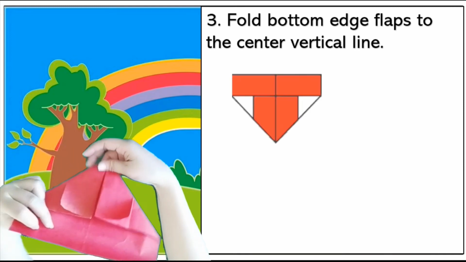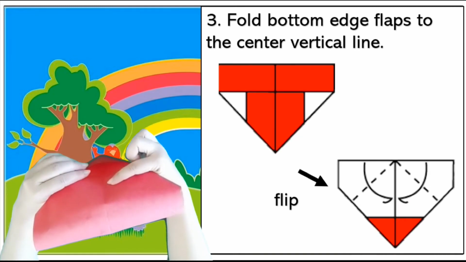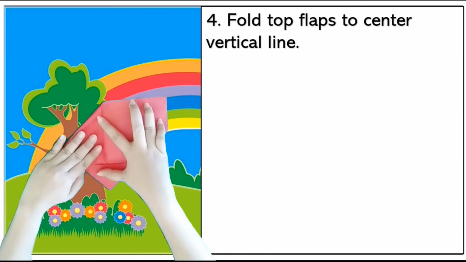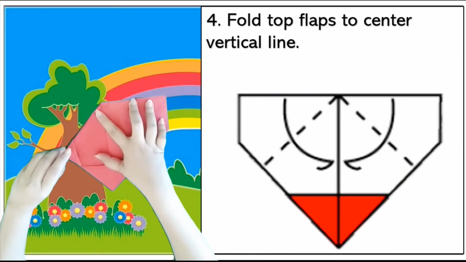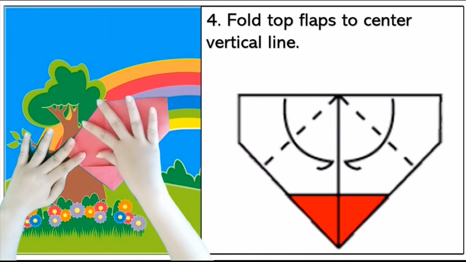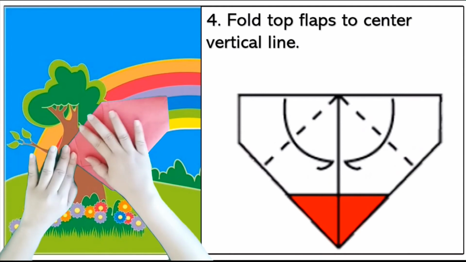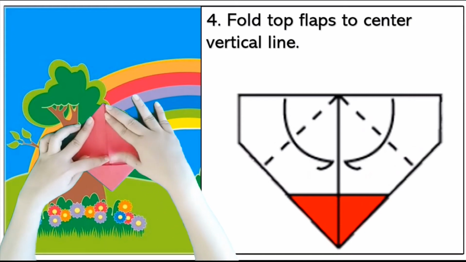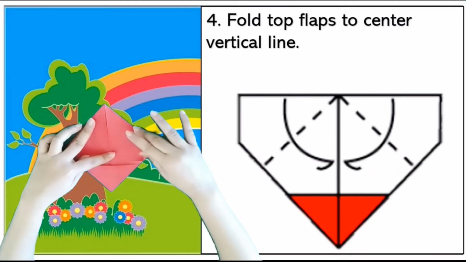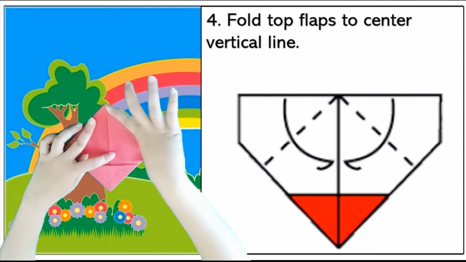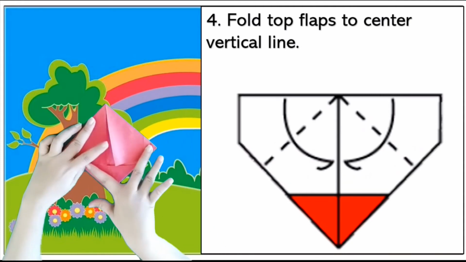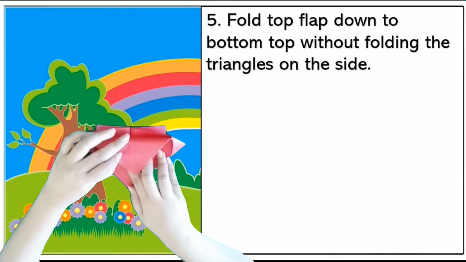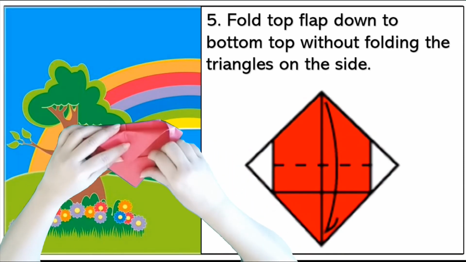Fold bottom edge flaps to the center vertical line. 4. Fold top flaps to center vertical line. 5. Fold top flap down to bottom top without folding the triangles on the side.